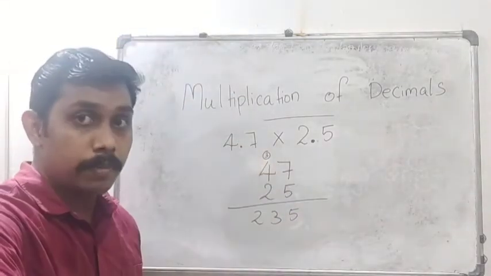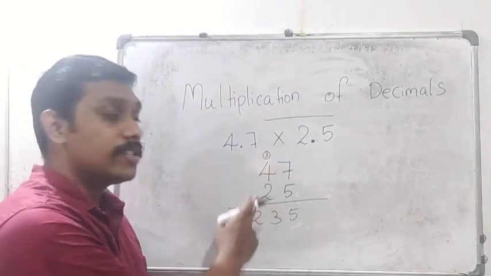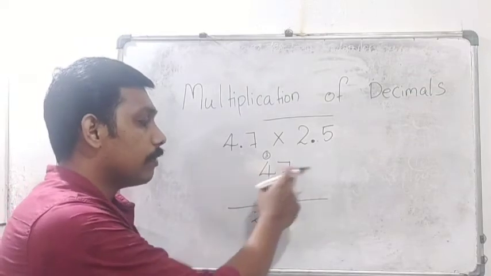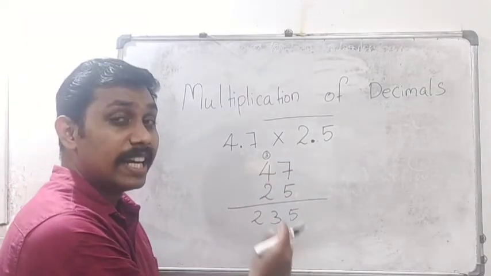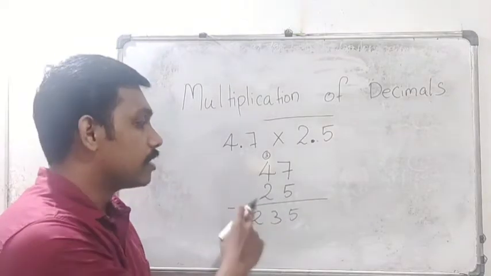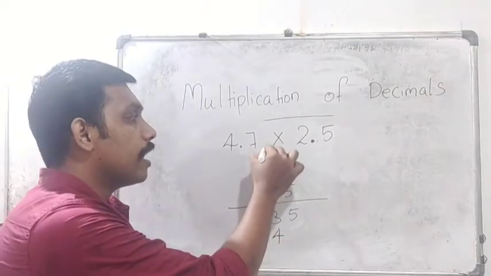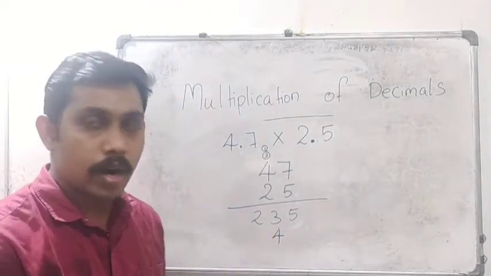Now we need to multiply the first number by the next digit, that is 2. 2 sevens are 14. That is in the 10s place. That means 2 sevens are 14, and again we have the remainder 1.